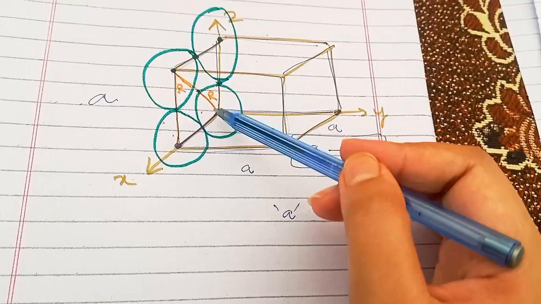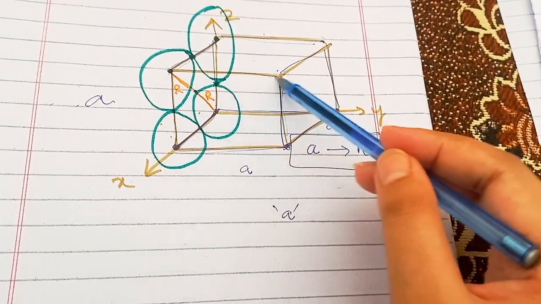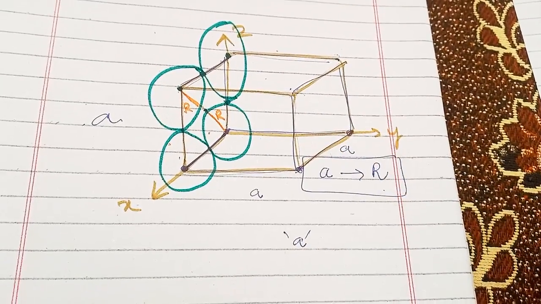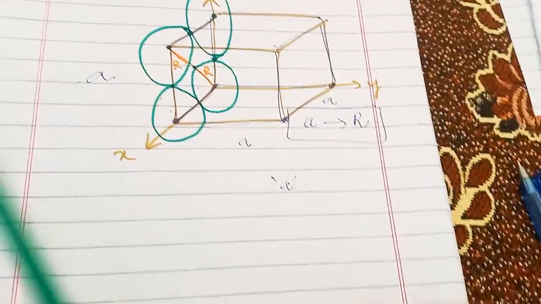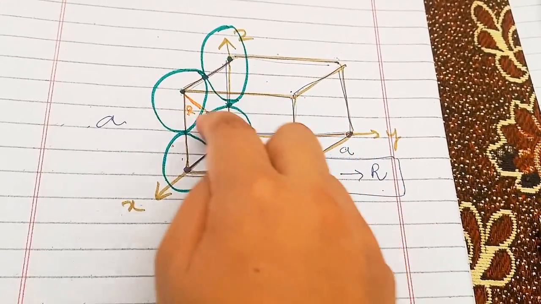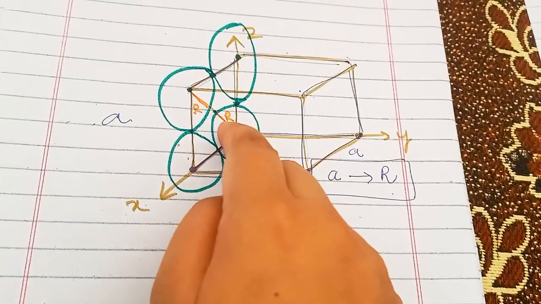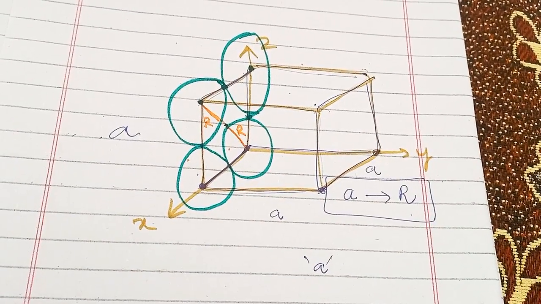The lengths on lines parallel to the x, y and z directions will always be a from one corner to the other. But if a length is not parallel to the x, y or z direction and is making some angle, it will not be a; it will be something else that we need to calculate.